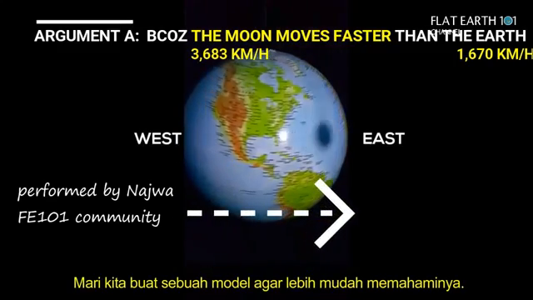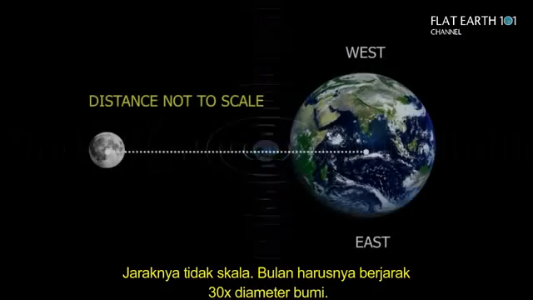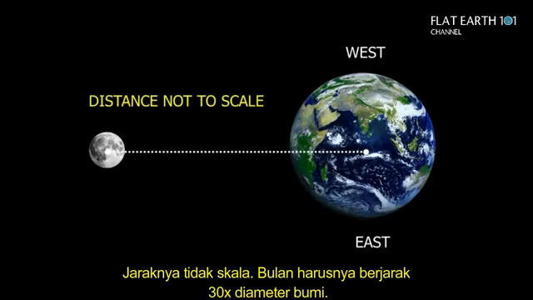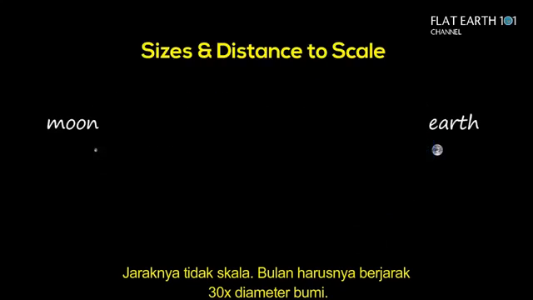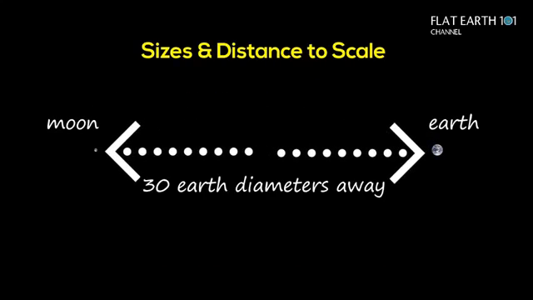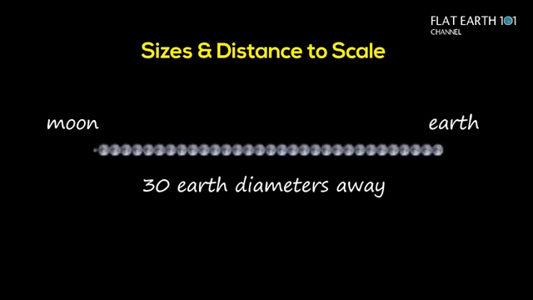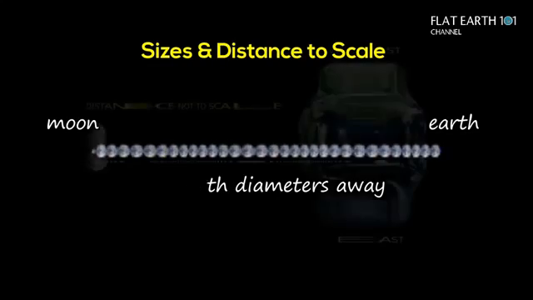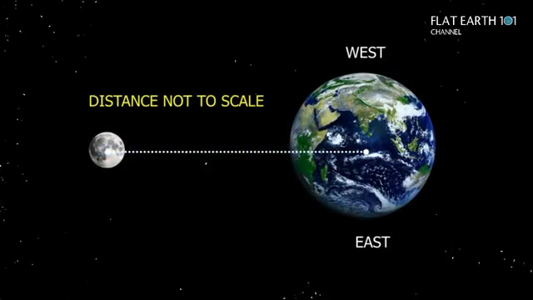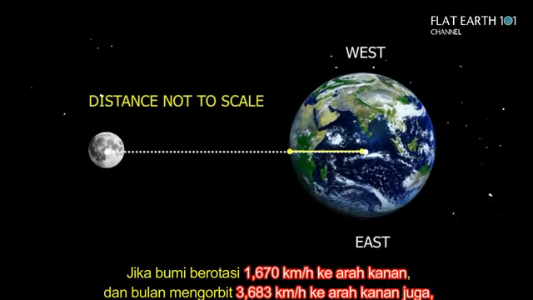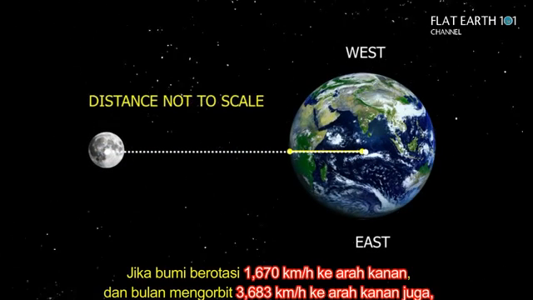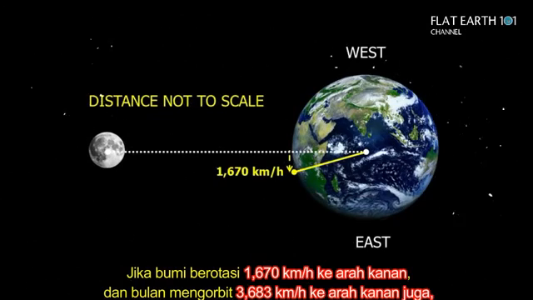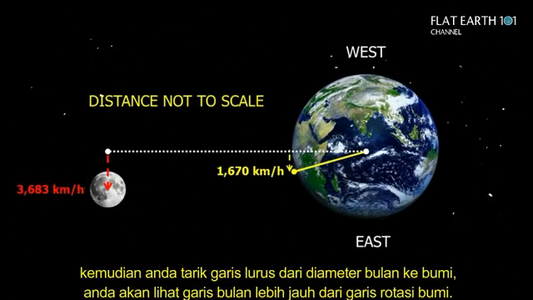Let's make a model to make it easier to understand. The distance is not to scale. The moon should be 30 Earth diameters away. If the Earth rotates 1,670 kilometers in 1 hour to your right, and the moon orbits 3,683 kilometers to your right too, then you draw a straight line from the moon's diameter to the Earth.